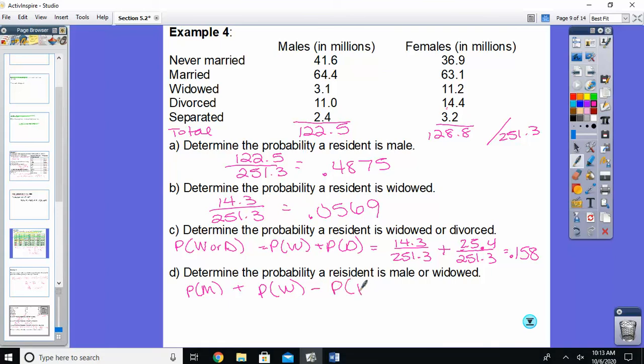So we'll have to subtract off the probability that you were both of those. So male is 122.5, I have 251.3. Widowed, 14.3 out of that. Male and widowed is the 3.1.